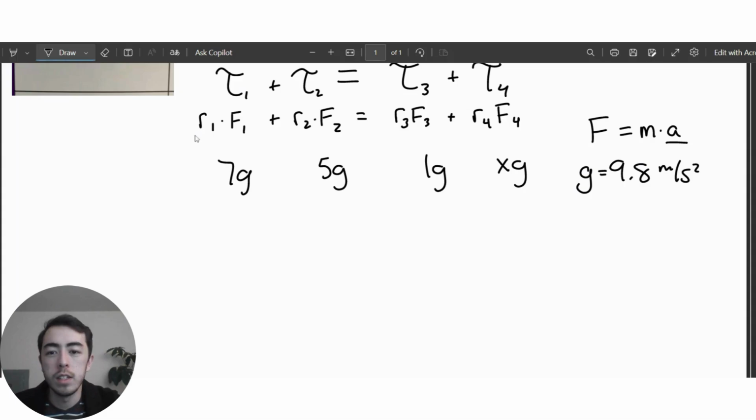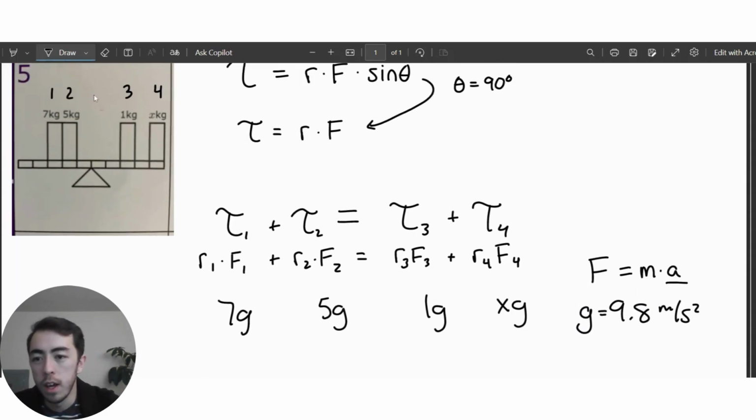And then these lever arm or radius distances are going to be a little bit tricky. We need to be careful here because it's important to measure from the center of mass of an object to determine its force. And the distance between this fulcrum and the center of mass of this object is going to be 1.5 of these tick marks.